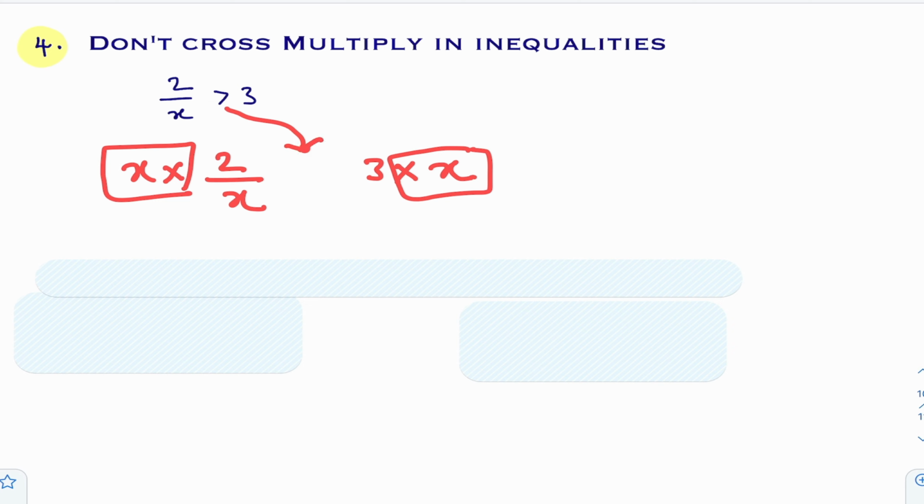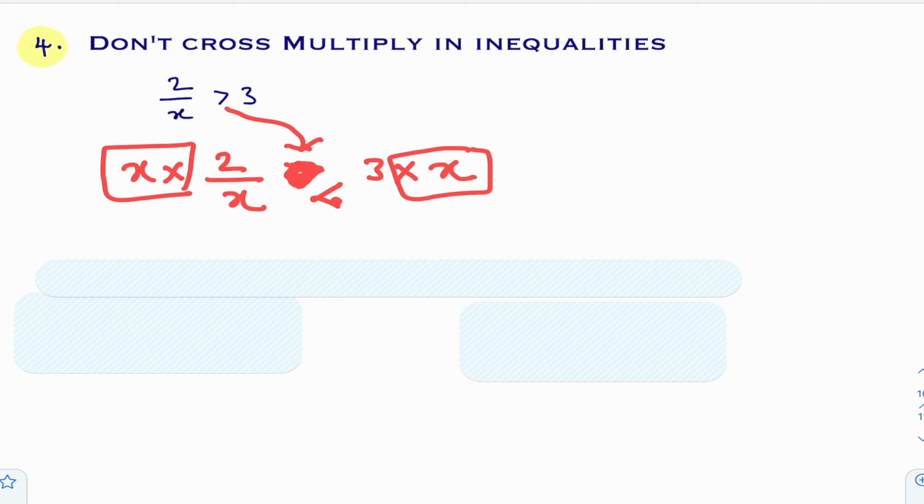For that, you need to know whether x is positive or negative. If x is positive, the inequality sign remains the same. I hope you are understanding. Rule number 2: for an inequality, if I multiply with a positive real number, the inequality sign remains the same. In case x is negative, when I multiply with x on both sides, the inequality sign changes, this greater than changes to less than.